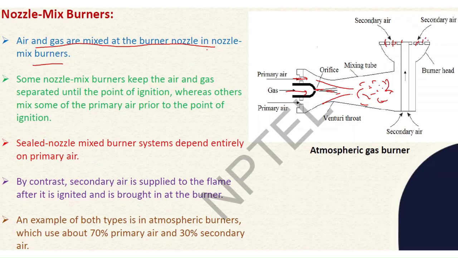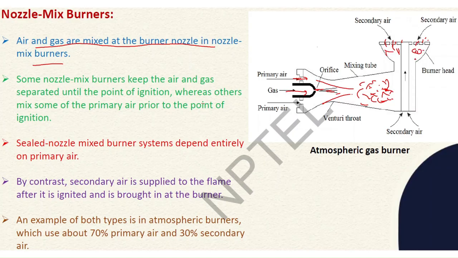Air and gas are mixed at the burner nozzle in nozzle mix burners. Some nozzle mix burners keep air and gas separated until the point of ignition. Sometimes it is mixed here, and sometimes it will not mix until it reaches the point of ignition, so it will be mixed here in other cases.